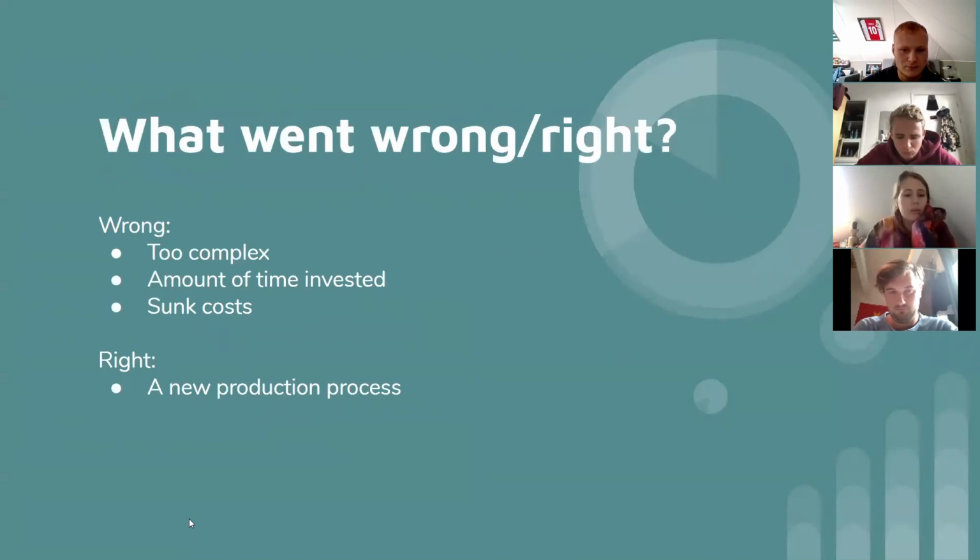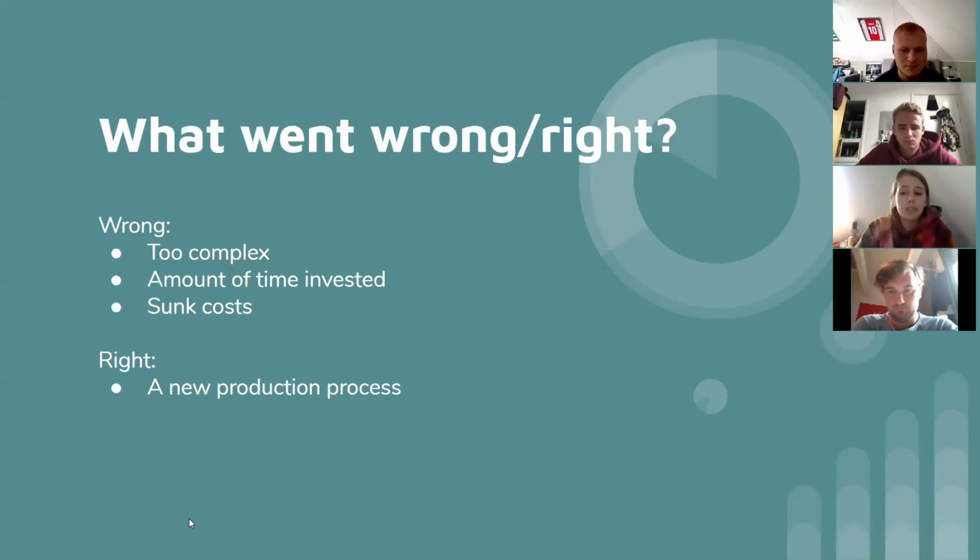For what went wrong and what went right, we start with what went wrong. The whole process was complex, and the beginning of an assembly line for cars had never been done before. Therefore, it was all new, and a lot of things had to be found out in order to be executed. This took a lot of time. And because it was all new, a major amount of time was invested.